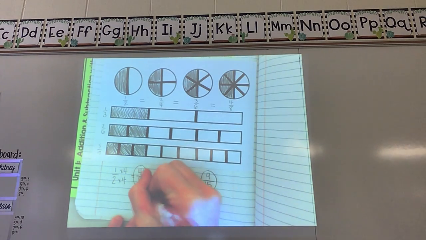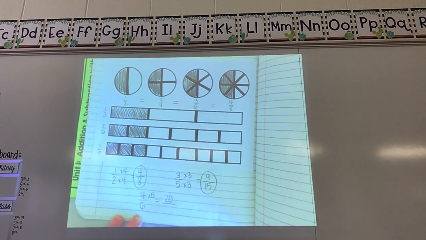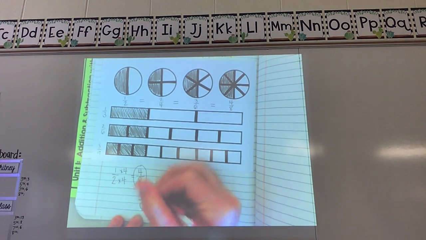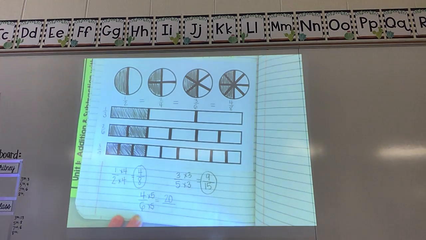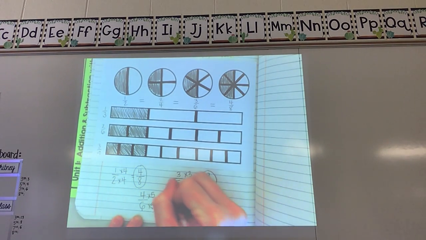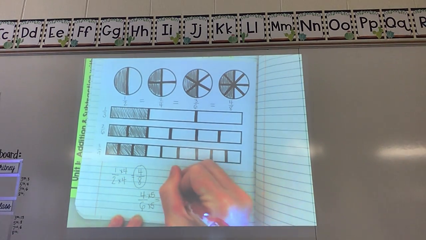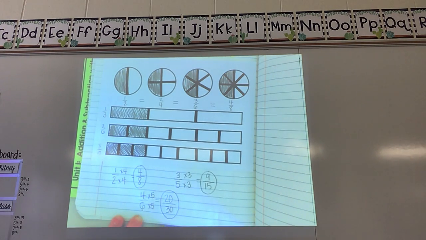That would be 5. If I multiply by 5 on the top, I need to do the same on the bottom. So I'm going to put a times 5 down here. And then I'm going to solve the bottom. 6 times 5 would be 30. That means 4/6 is the same as 20/30.